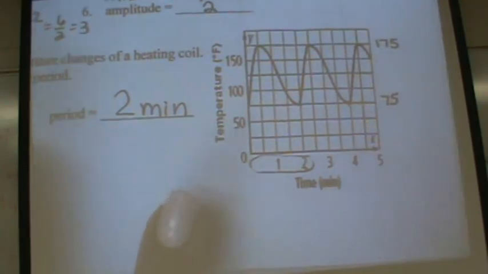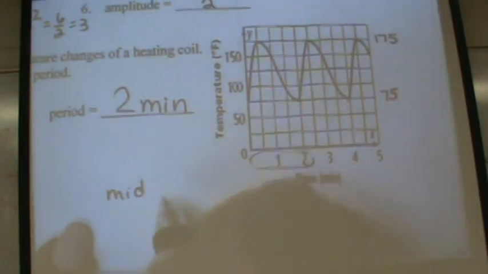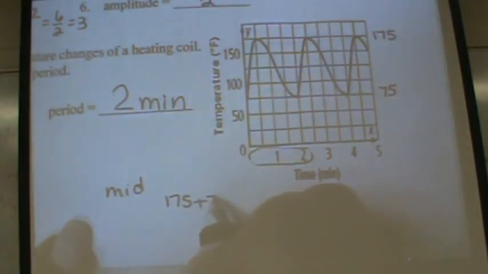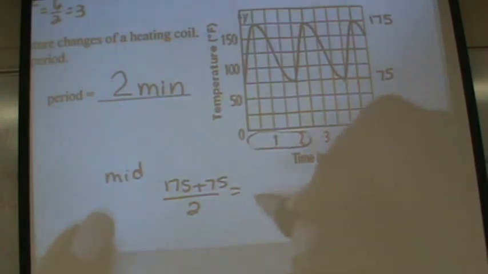So how do you find the midline? 175 plus 75, and then divide by 2. What do you get? 125.